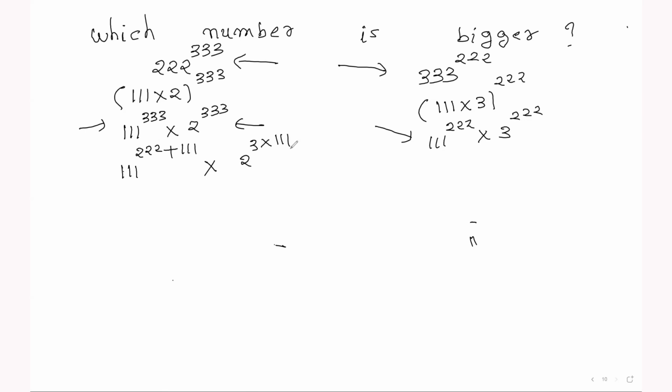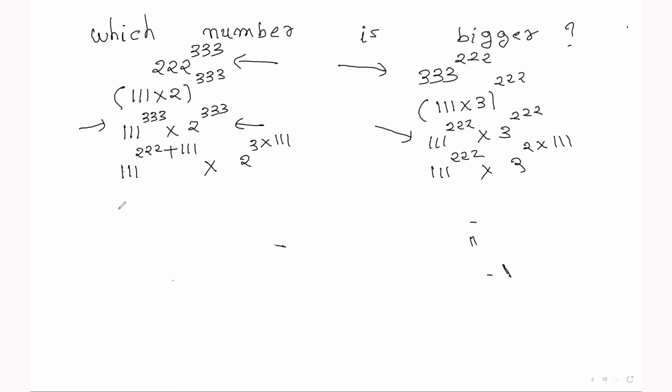Now, on the right hand side, 111 power 222, I will keep the same. And 3 power 222, I'll split as 2 multiplied by 111.